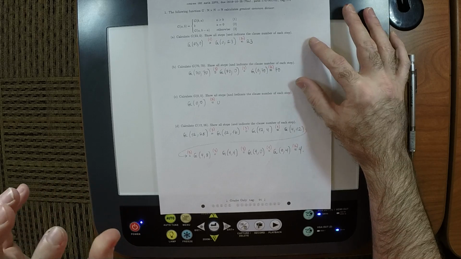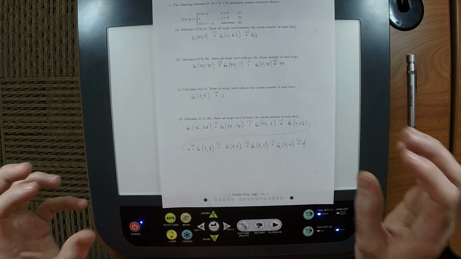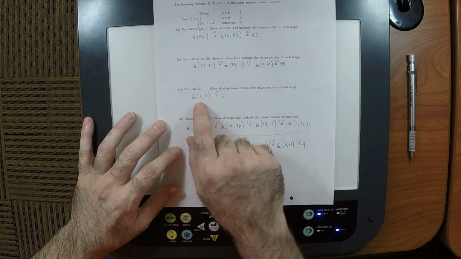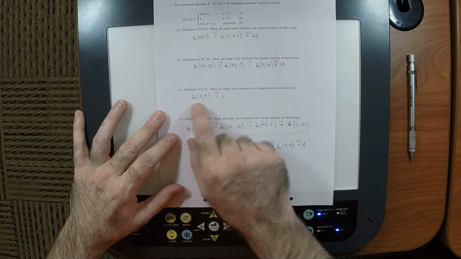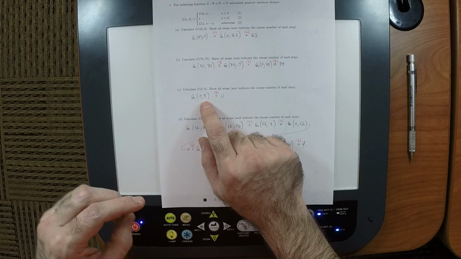And I find that if a student has programming experience before they get here, and also they know that you can't divide by 0, and also they wrote a greatest common divisor program before they got here, then this one really sticks. They just can't fathom that this could be right.